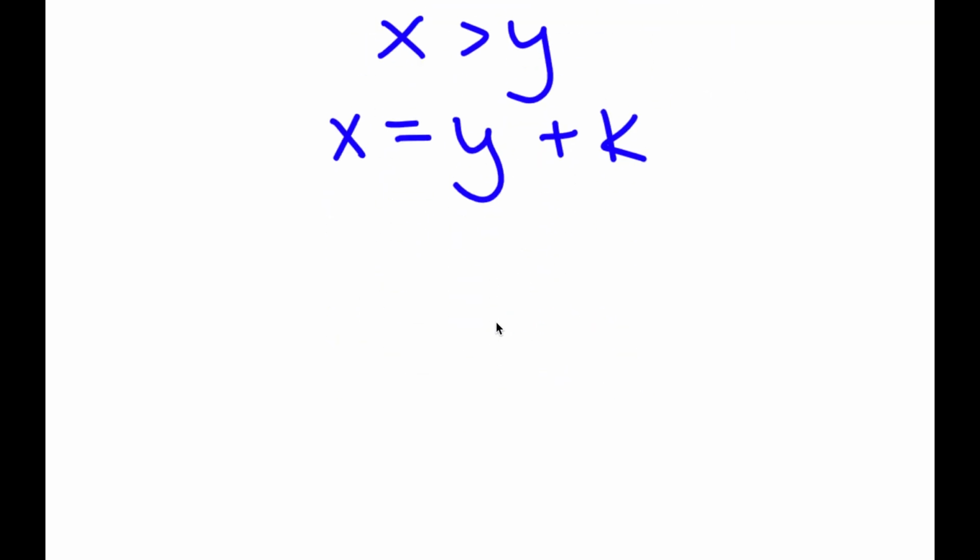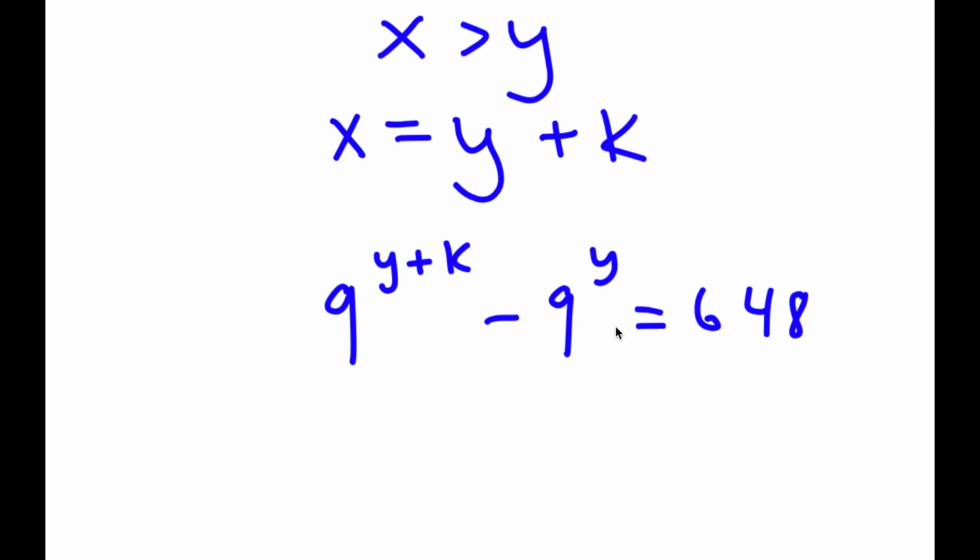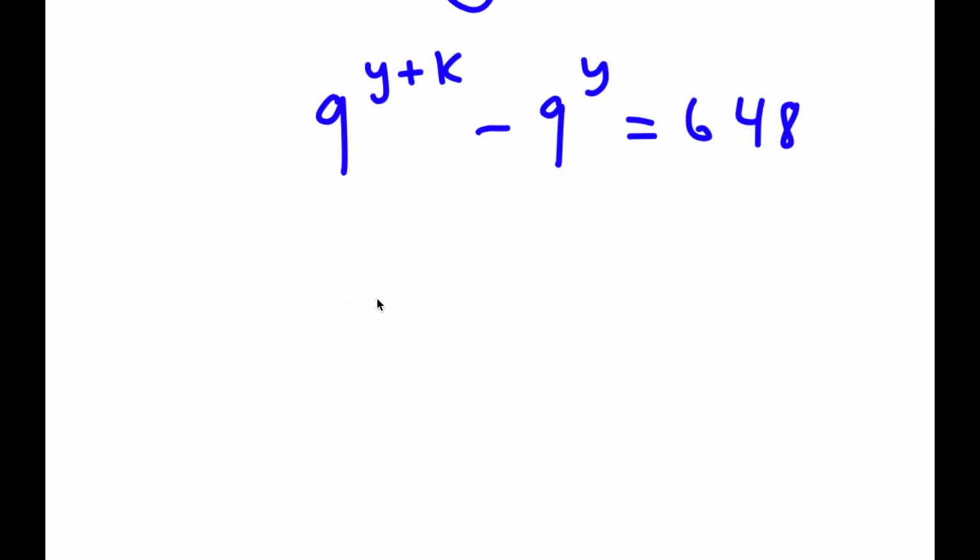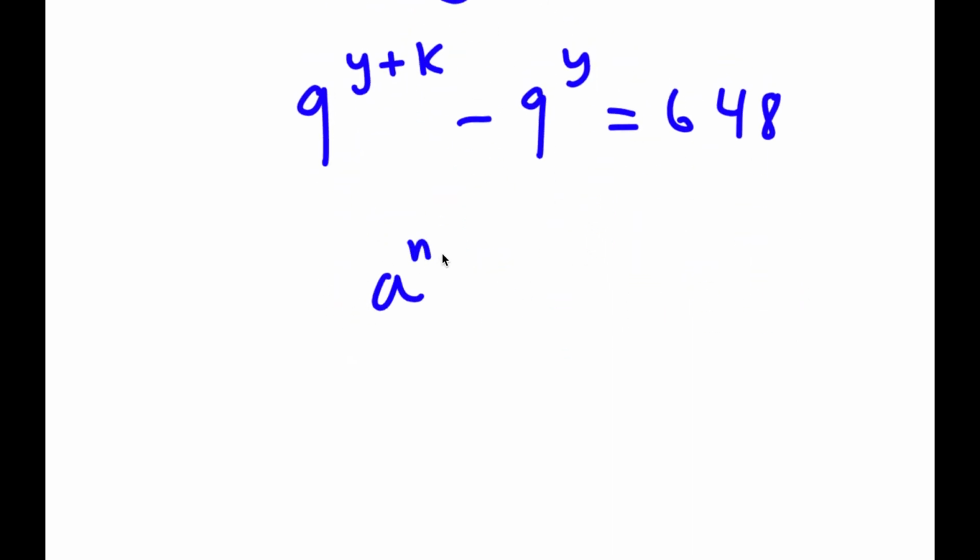So now I can replace x with y plus k. So now I have 9 to the power of y plus k minus 9 to the power of y is equal to 648. Now if I have something in the form a to the power of m plus n, this is equal to a to the power of m times a to the power of n.